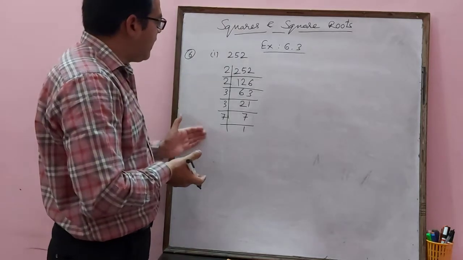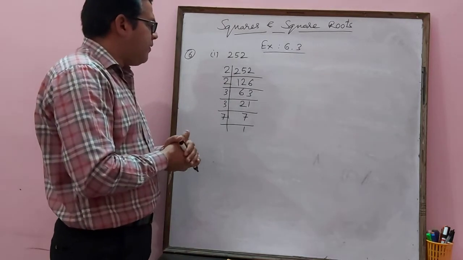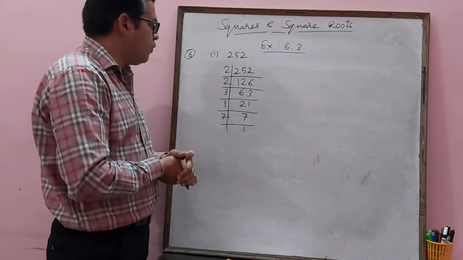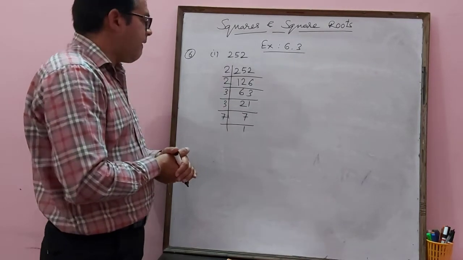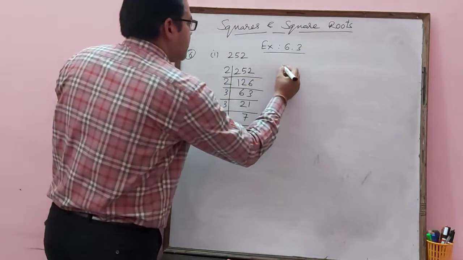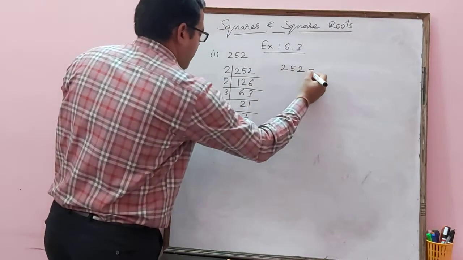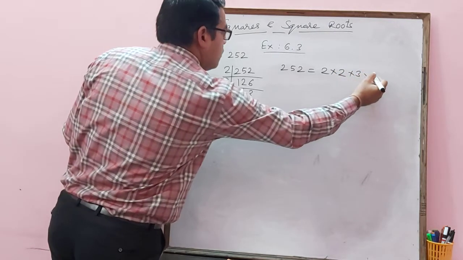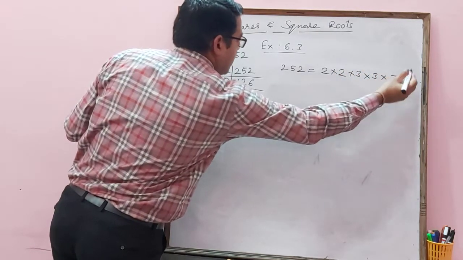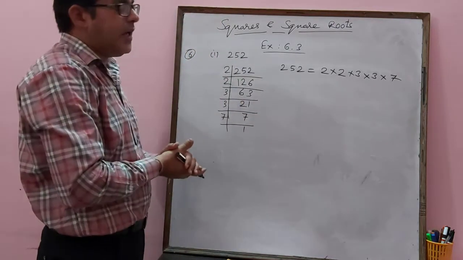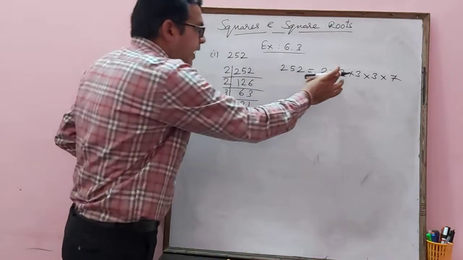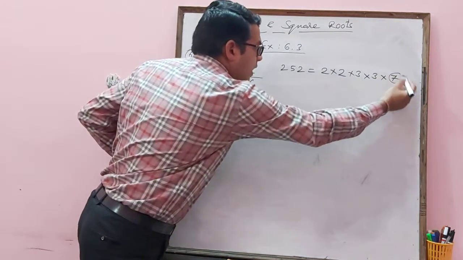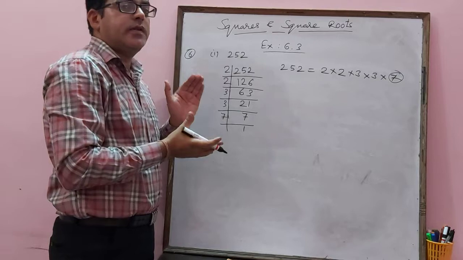So you can see here, these are the prime factors of 252. So we can write 252 as 2 into 2 into 3 into 3 into 7. Now you can see we have a pair of 2, we also have a pair of 3, but we do not have a pair of 7.